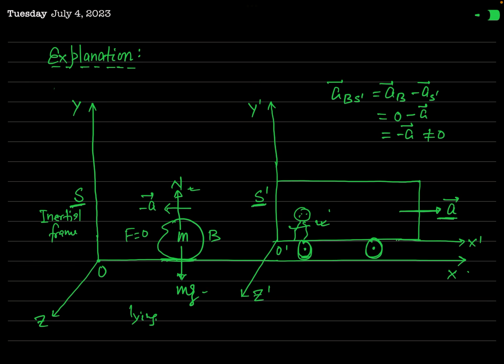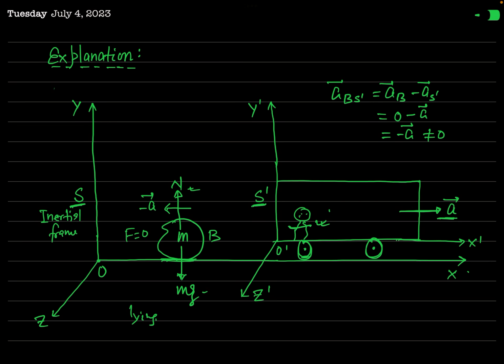So when you ask the observer of frame S dash whether Newton's first law of motion is valid in your frame, his answer will be no. Newton's first law of motion is not valid in my frame, because he will claim that the net force on the body is 0, but the acceleration of the body is not 0.